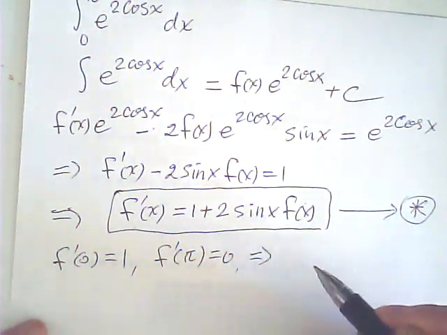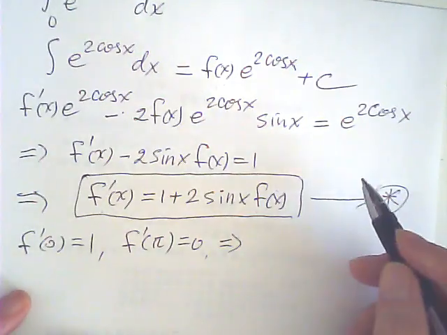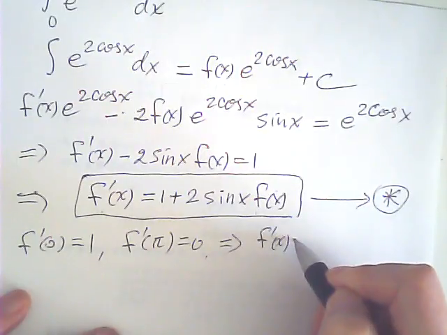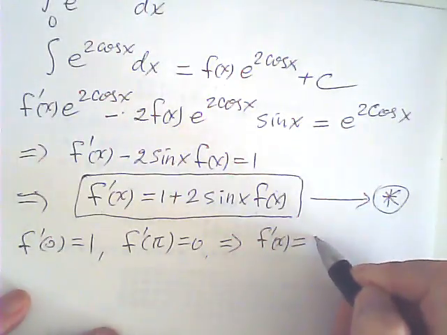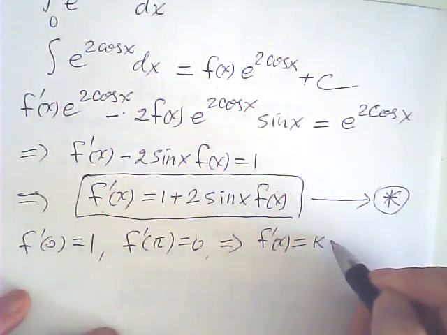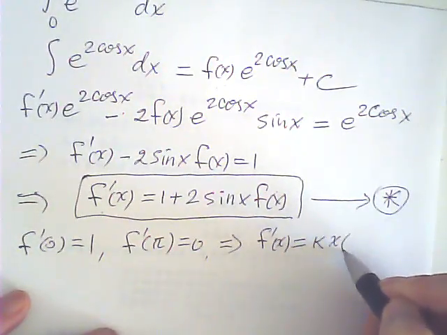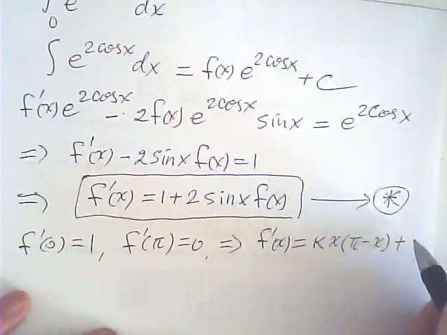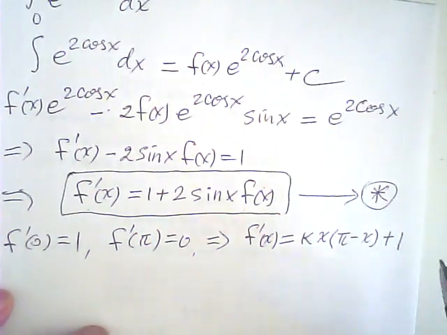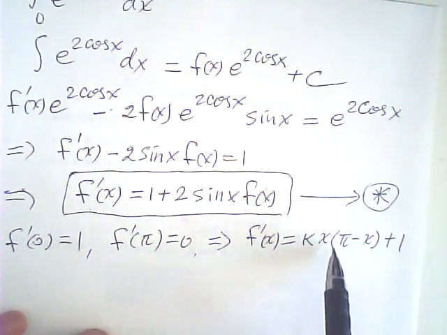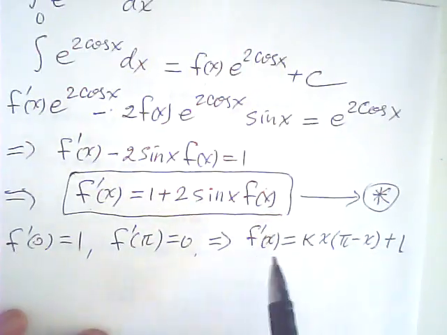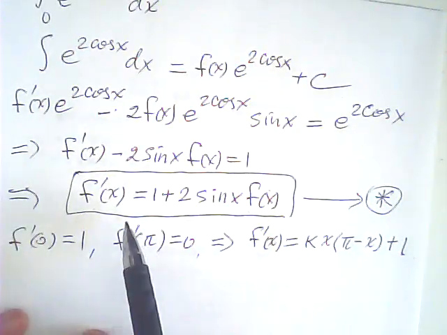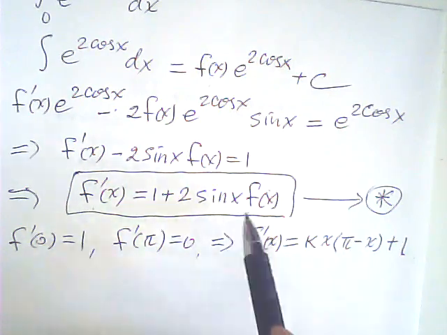Then I have a suggestion that f prime of x could be equal to a constant times x times pi minus x, plus 1. When x equals 0, this equals 1. When x equals pi, this equals 1. Well, that satisfies what I've seen here.